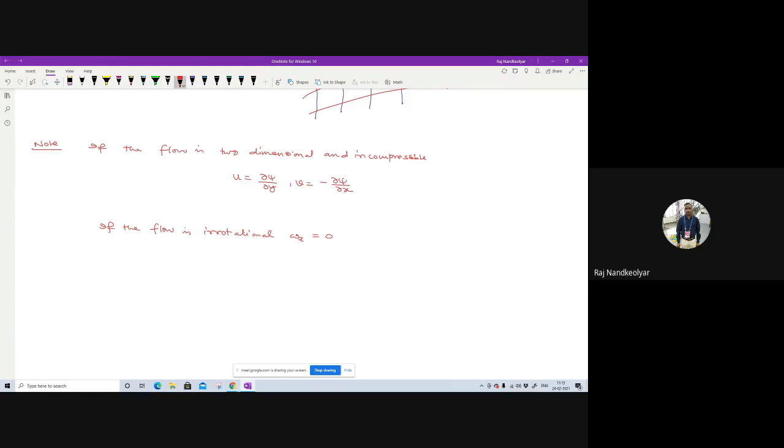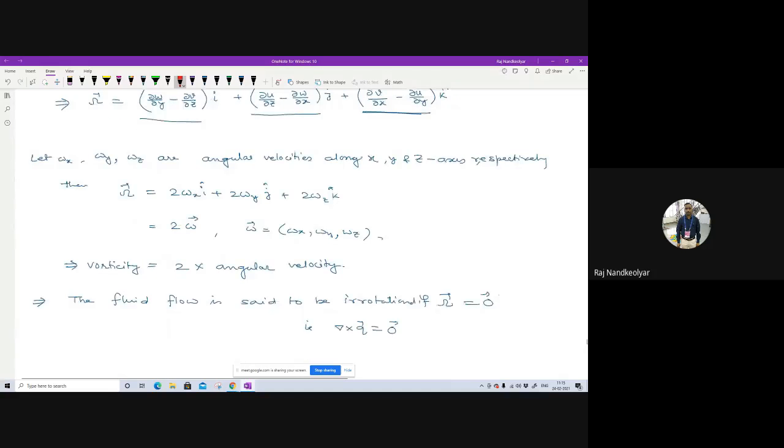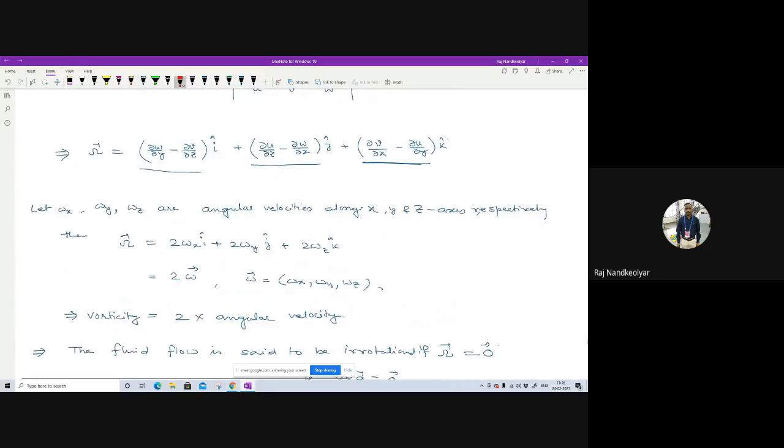ठीक है? Any doubt? So if omega z is equal to 0, you can recall that what we had in that case, omega z is equal to del v del x minus del u del y. Here it is. Del v del x minus del u del y.